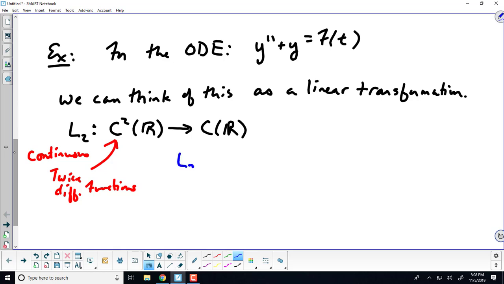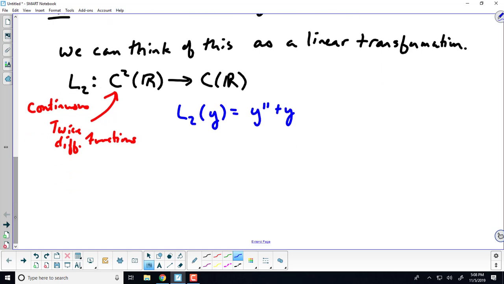You input a function that's twice differentiable, and you map it to that expression. So it gets mapped to whatever the left-hand side of the ODE is.